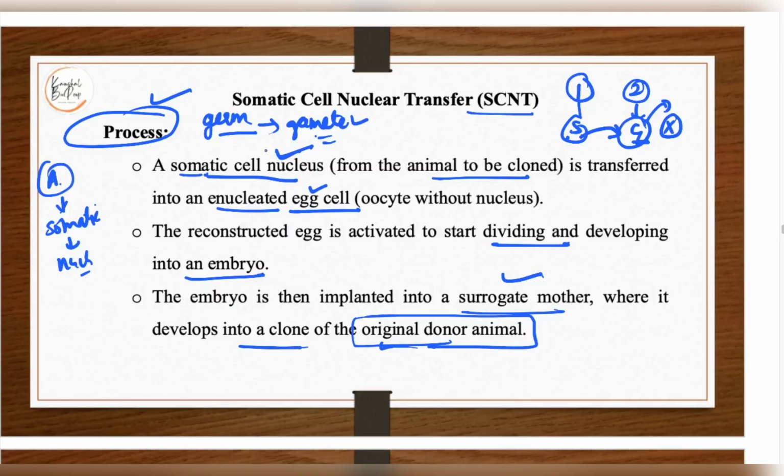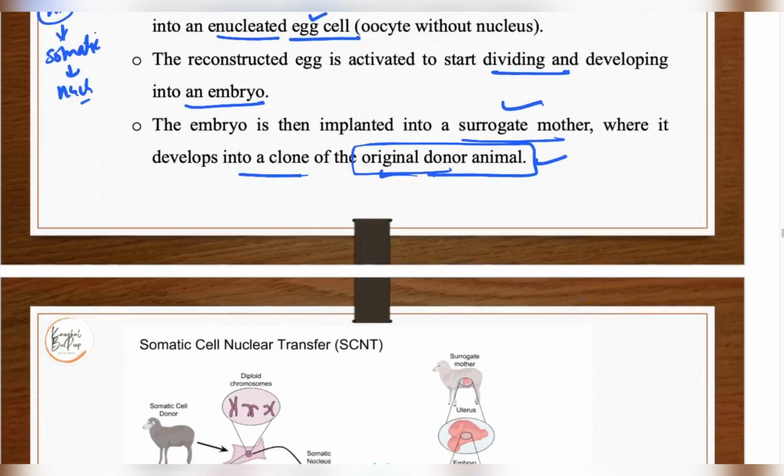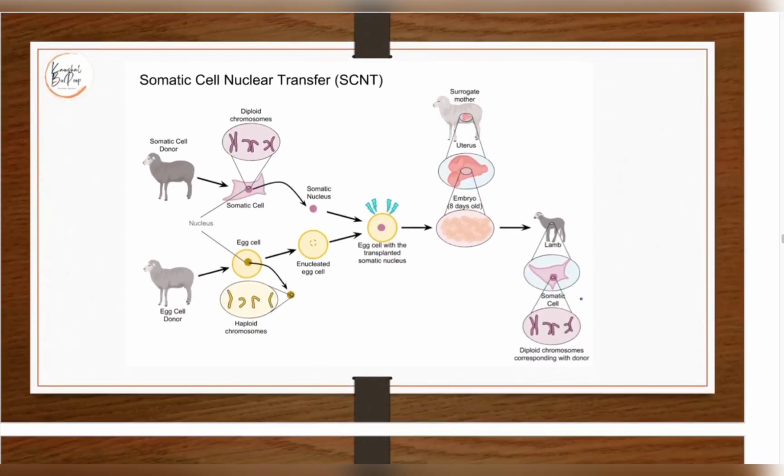Since the nucleus was taken from the somatic cell of one organism, all the characteristics of that organism will be present in the cloned one. That is why it is called the clone of the donor. Dolly the sheep was produced by this method only.